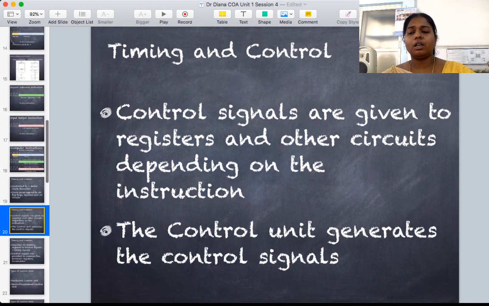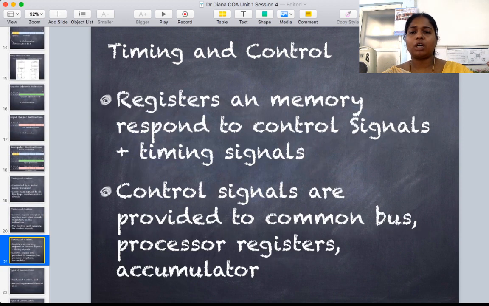Now, when we are trying to control, who will receive these control signals? These registers and memory have to respond to the control signal along with the timing signal. So when I say read some data from memory into the accumulator, the memory should receive the control signal and the timing signal.